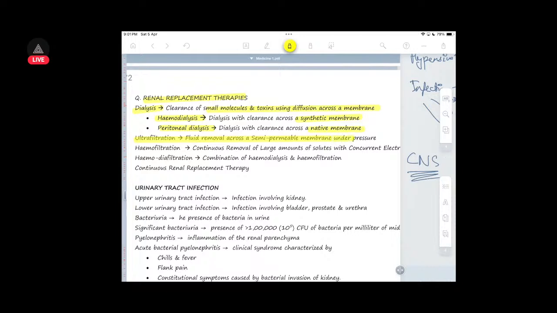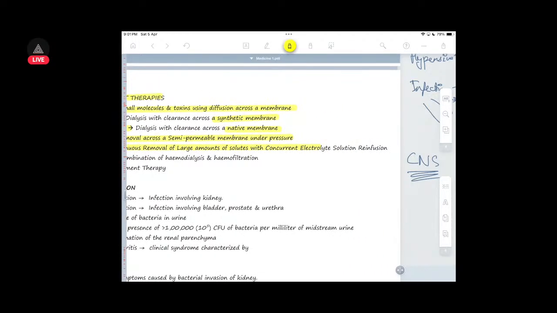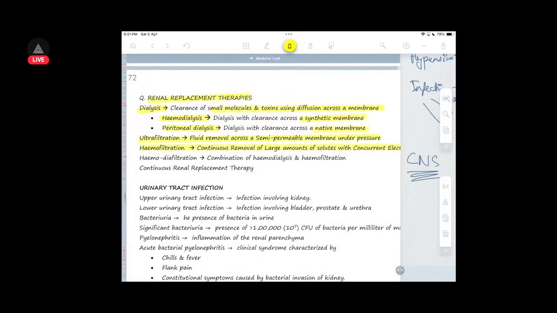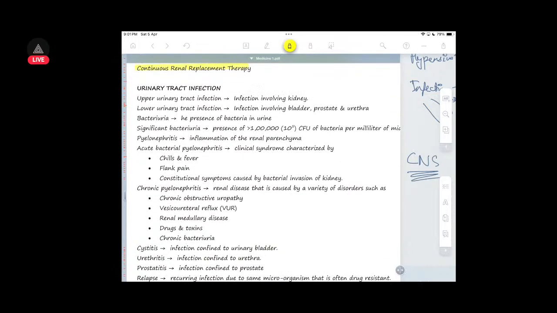Ultrafiltration is fluid removal across a semi-permeable membrane under pressure, and hemofiltration is continuous removal of a large amount of solutes with electrolyte solution reinfusion. Hemodiafiltration is a combination of hemodialysis and hemofiltration, and continuous renal replacement therapy is where a machine is there. You just plug it in and it will keep on changing.